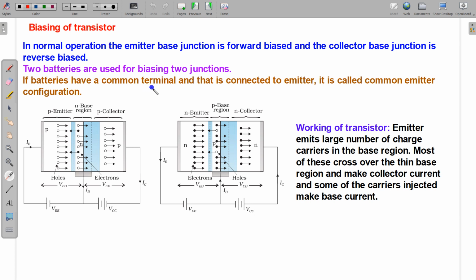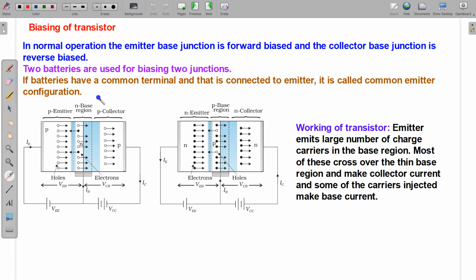If batteries have a common terminal and that common terminal is connected to emitter, then it is called common emitter configuration. And likewise we can have common base configuration, we can have common collector configuration. Since transistor is a three terminal device, one terminal is emitter, one terminal is base, and another terminal is collector, and normally we need a four terminal device, two on the input side and two on the output side.